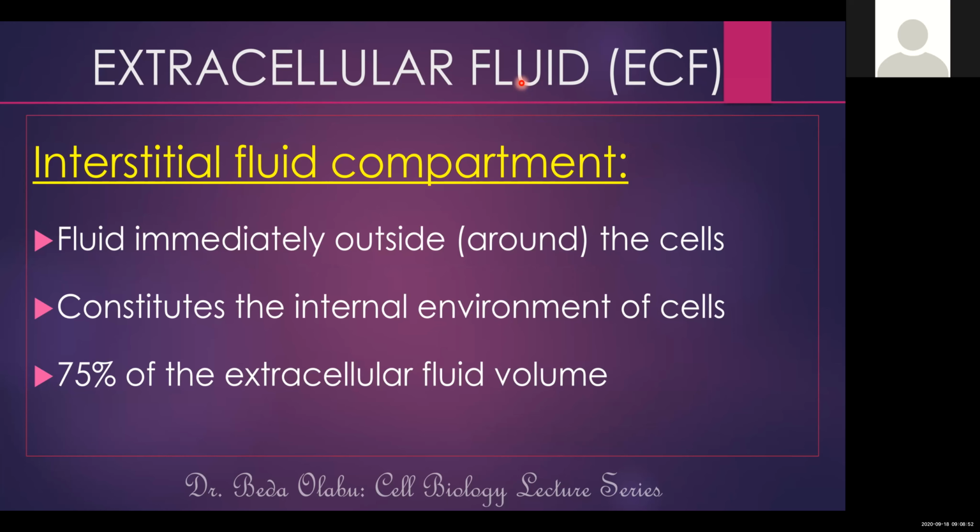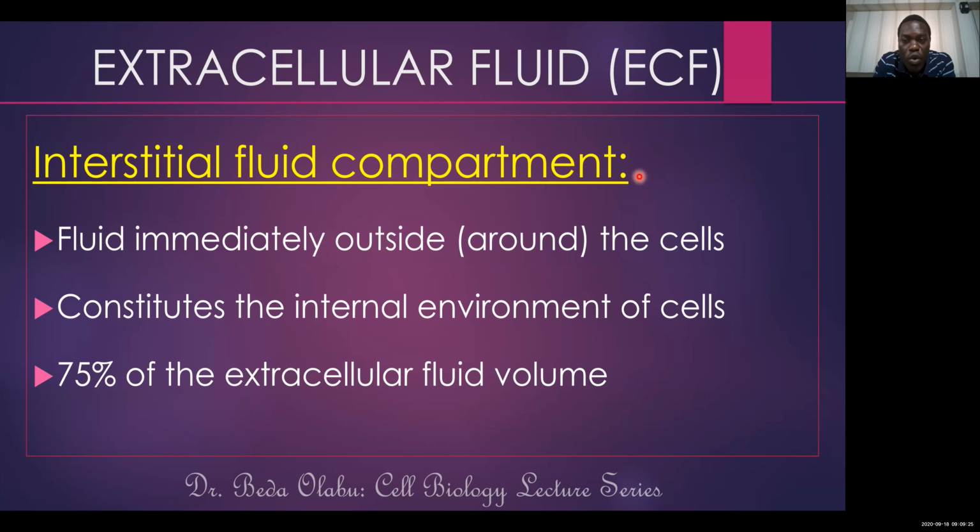We've agreed that total body water is 60% of the weight. So if you weigh 90 kg, 54 is 60% of 90. So 54 liters is the total body water. We've said that 2/3 of total body water is within the cells, intracellular, which means 1/3 is outside the cells, extracellular.